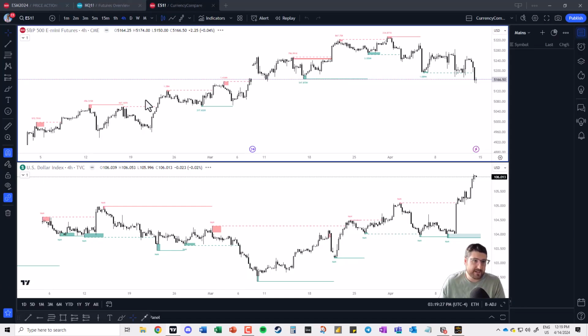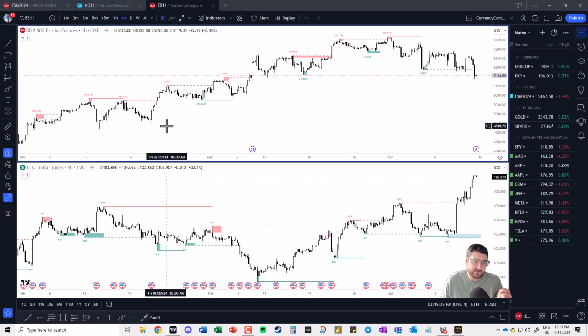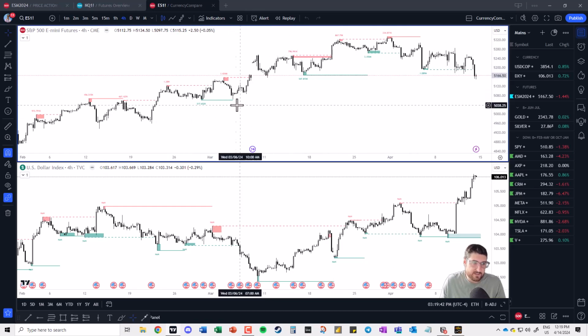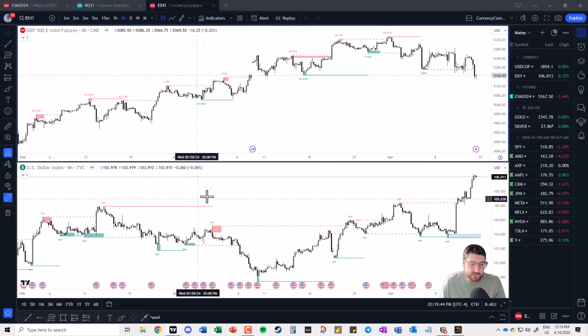All right, and then my last one is the dollar, because the S&P 500 market is based on the dollar, right? They come from the same economy, right? We spend the dollar. This is our stock market of the top 500 companies. So usually how these work, they go opposite ways.